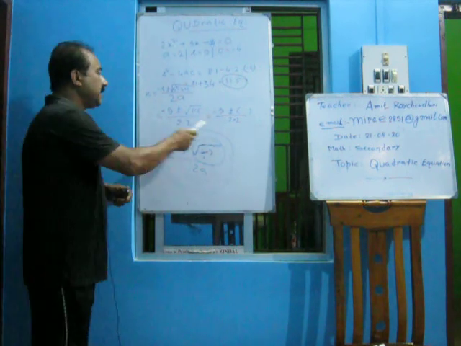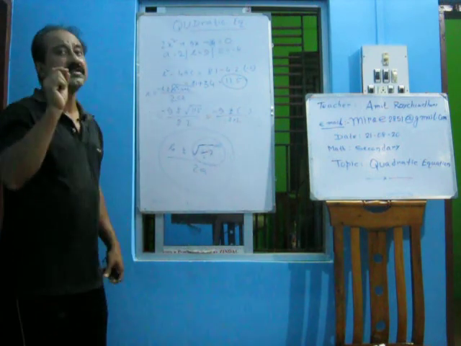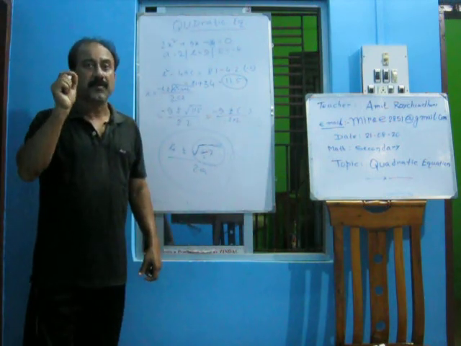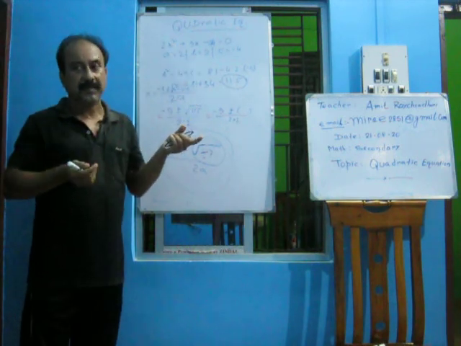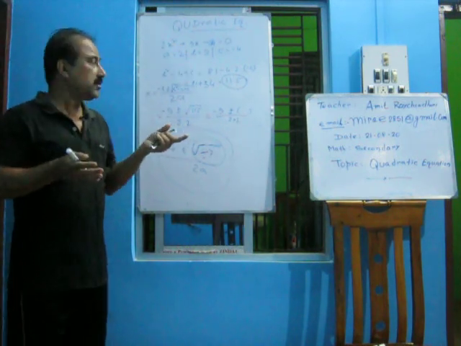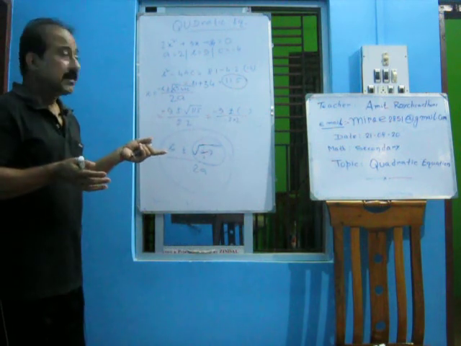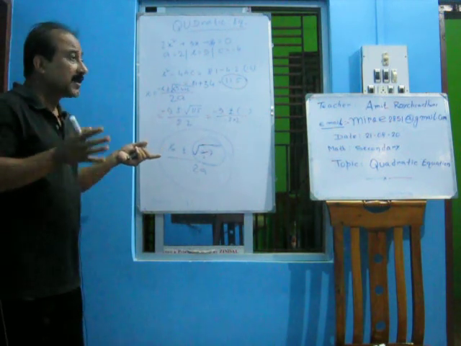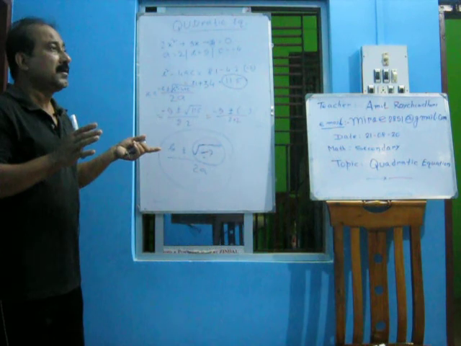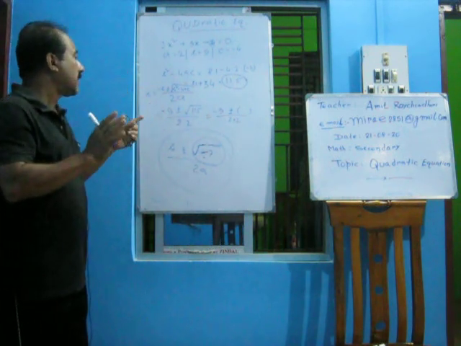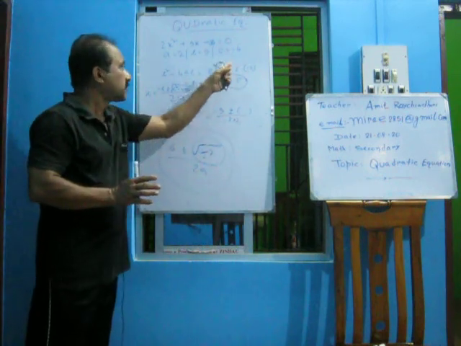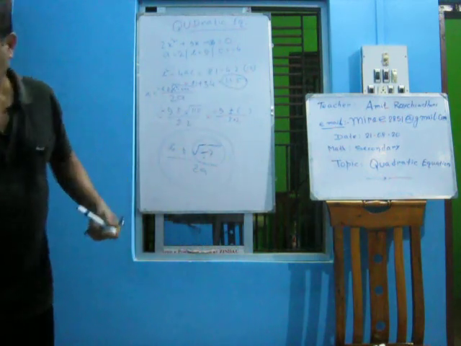So b square minus 4ac is the only tool by which I can come to know that the equation will have two results, and the characteristics of the results will be known by b square minus 4ac.